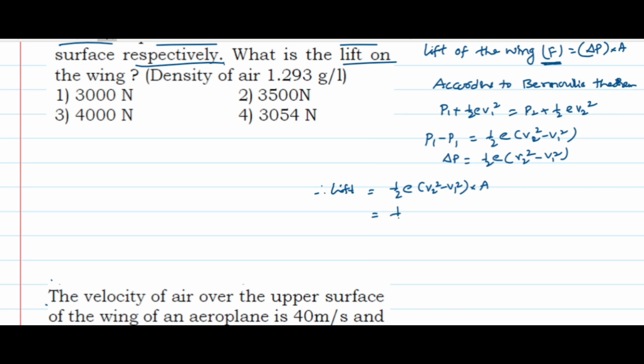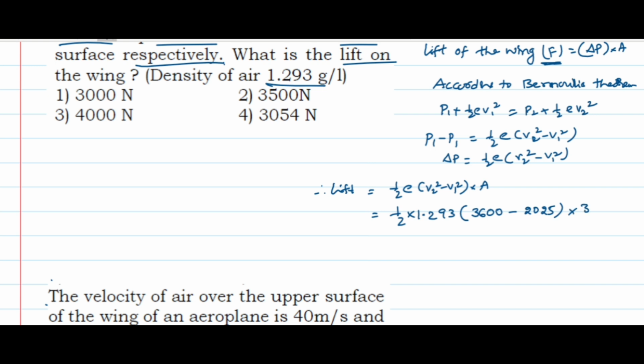Half into the density of the air, which is given as 1.293, into V2 square minus V1 square. Squaring on both sides, 60 whole square is 3600, minus 45 whole square, which is 2025, into the area, which is given as 3 meters square.